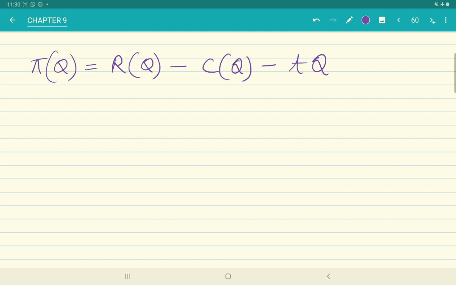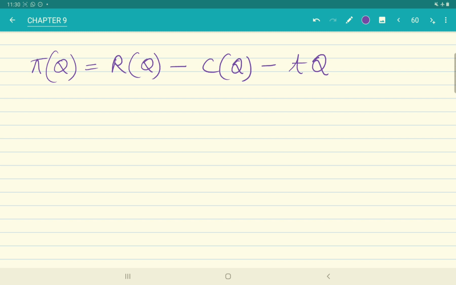Again, we are assuming that the maximum profit is not at q equal to 0, it is not at q equal to q bar. That means the maximum profit is going to occur at a level q star, which is inside that interval 0 to q bar, and at q star, pi prime q star will be equal to 0.